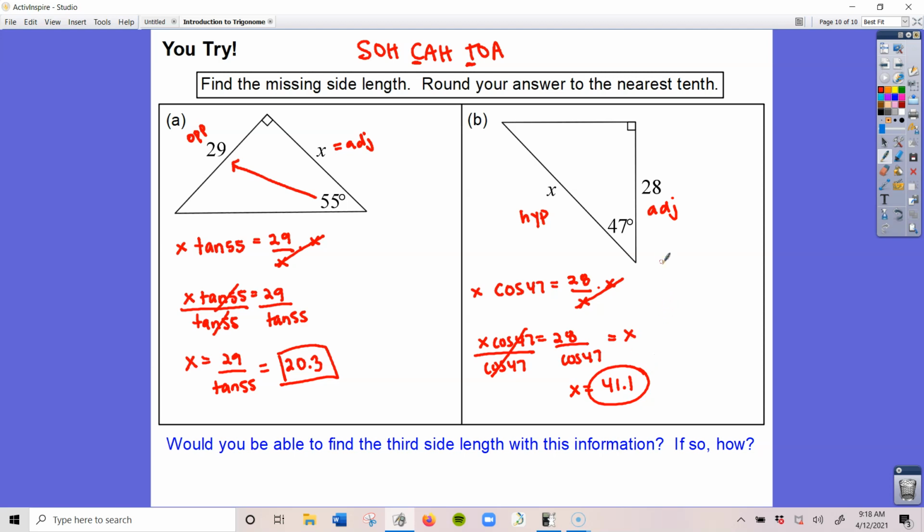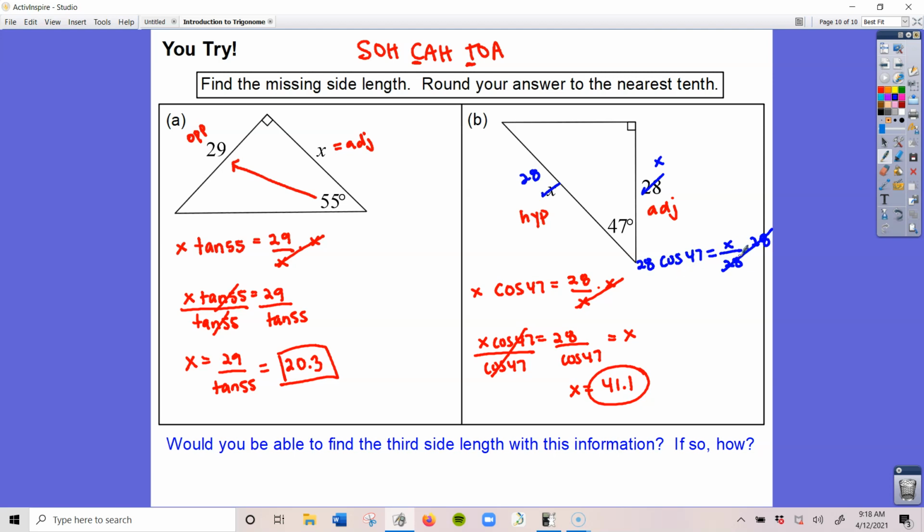Now, just a side note, let's say, for example, this here was the 28, and this here was the x. Then it would still be cosine, right? So it'd be the cosine of 47, but instead of 28 over x, it would be x over 28. So if you wanted to solve for x, you would just multiply 28 to both sides.